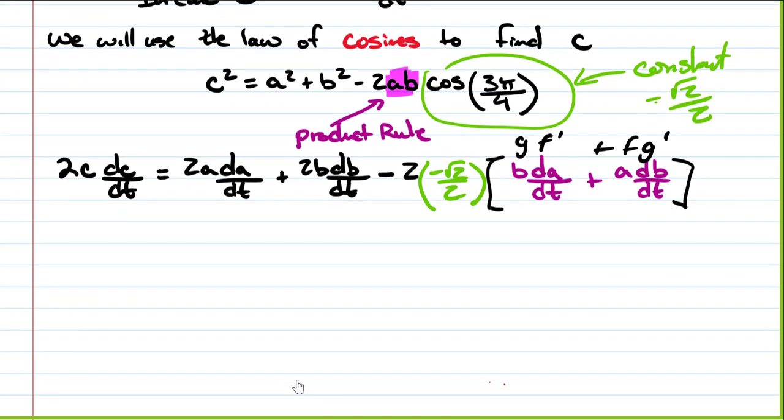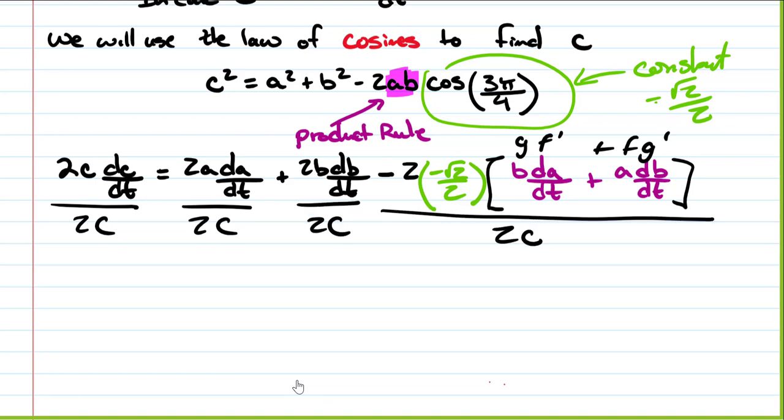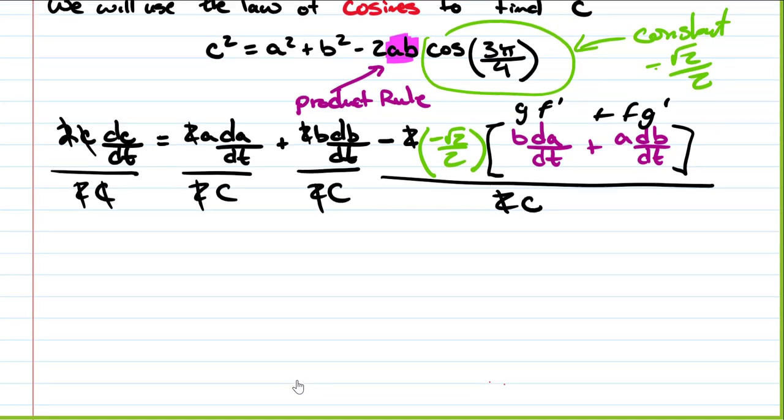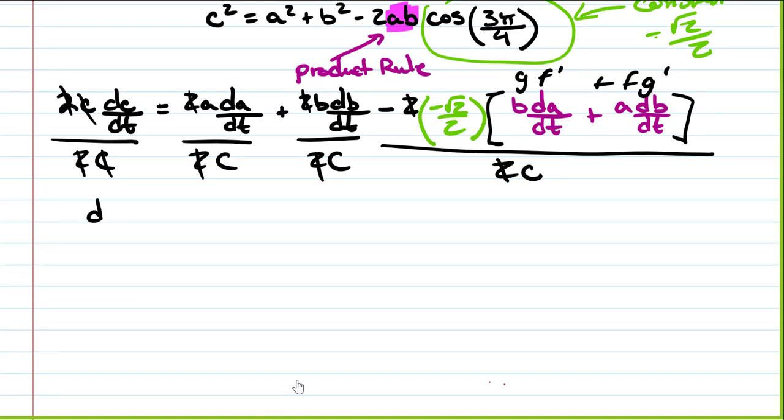So luckily, we now just divide everything by 2c. To make this easier to type into my calculator, all of them have a common factor of 1 over c, right? So I'll factor it out, that way I don't have to type it 10 times.